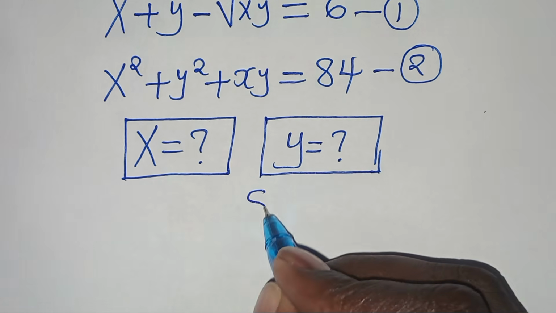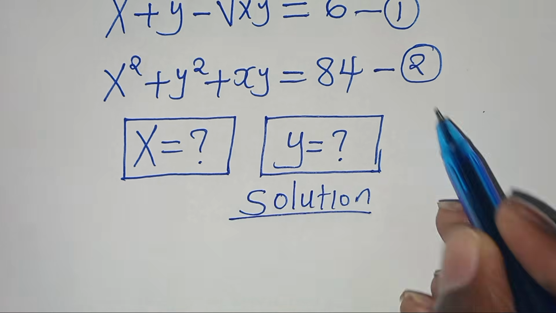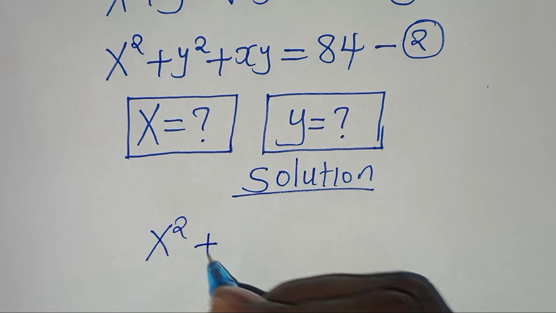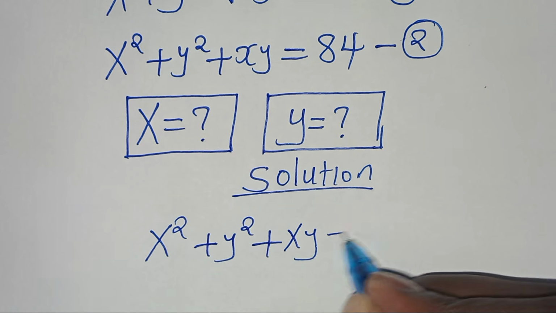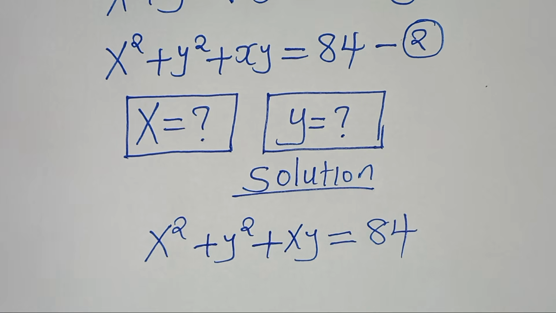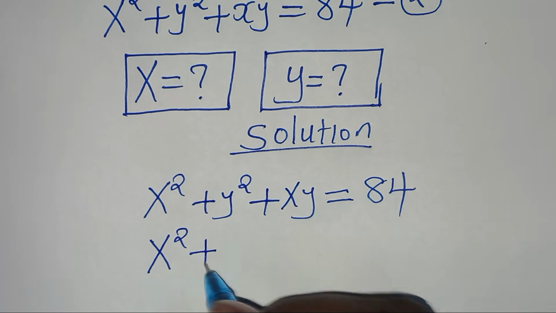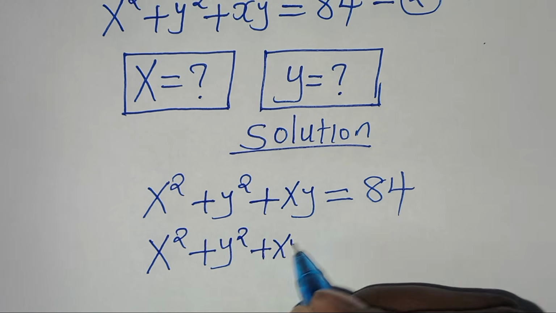Now let's provide a solution from here. From equation 2, which is x squared plus y squared plus xy, this is equal to 84. So this is x to the power of 2 plus y to the power of 2, then plus xy.